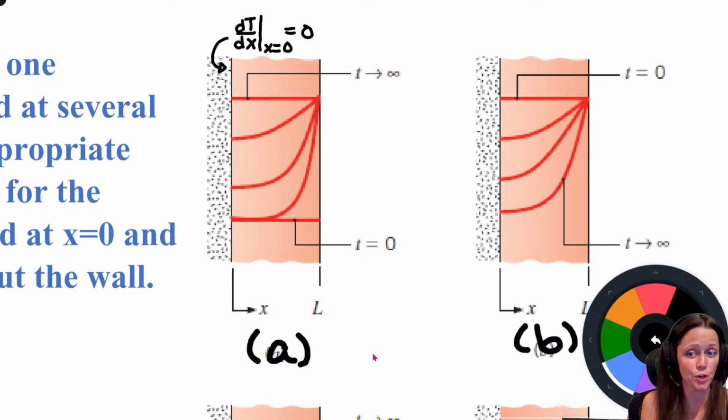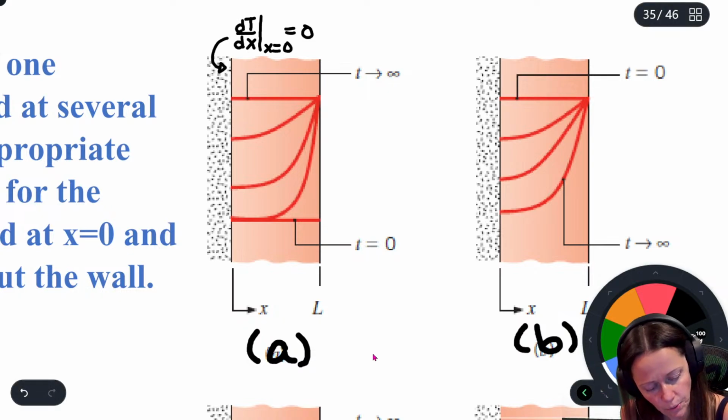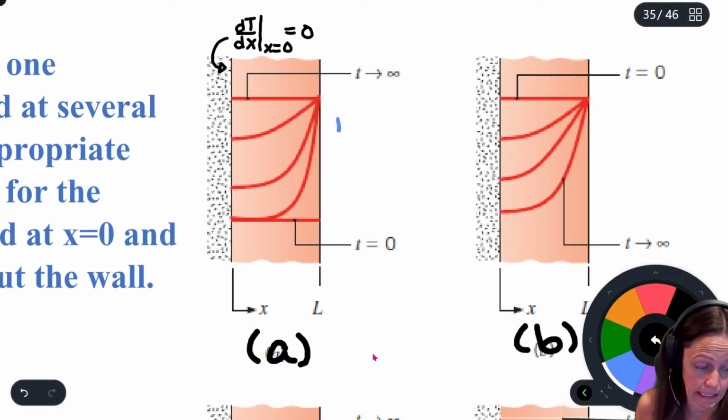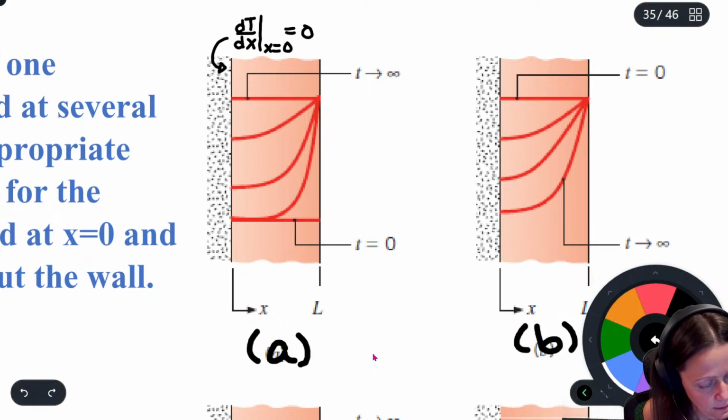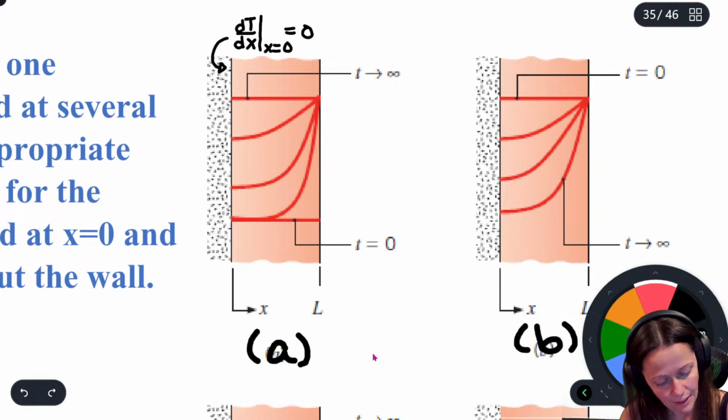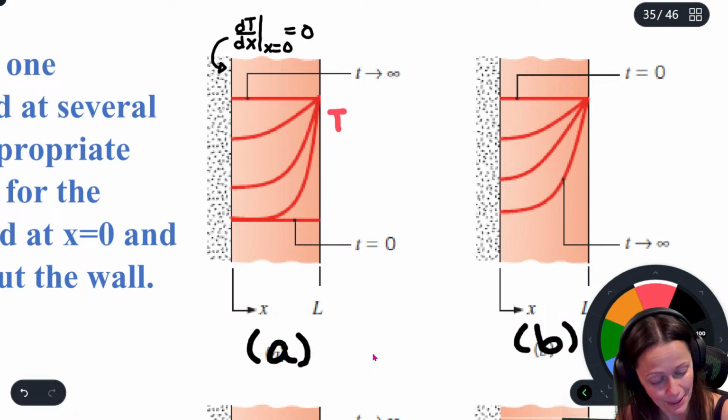I'm just going to go ahead and tell you that up front, and then let's walk through it and see how that makes sense. So maybe I should make that a high temperature, right? T infinity, h.